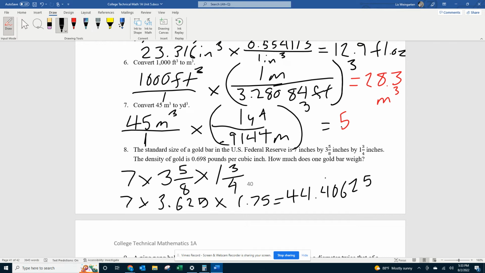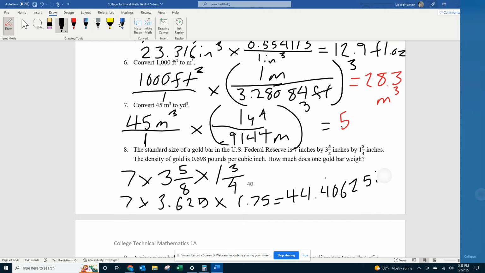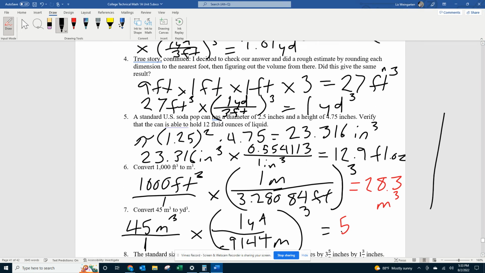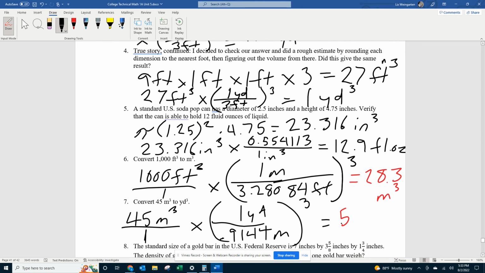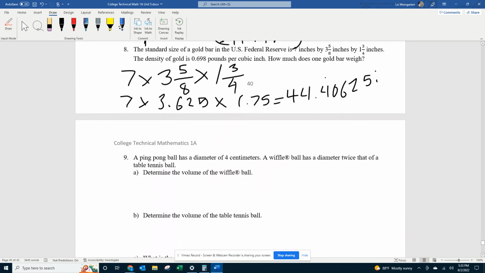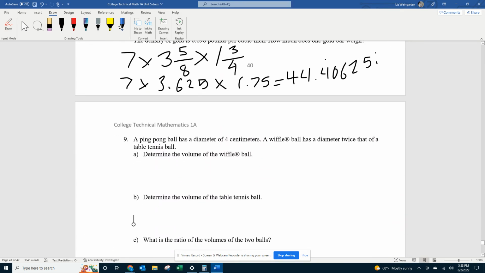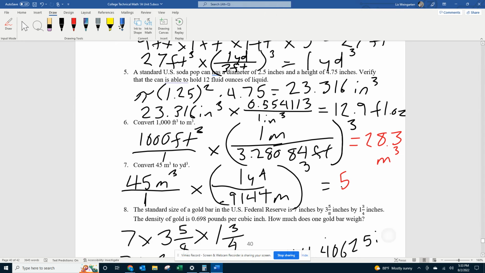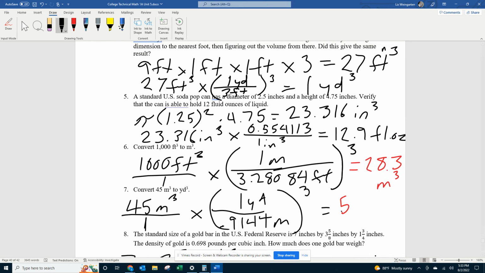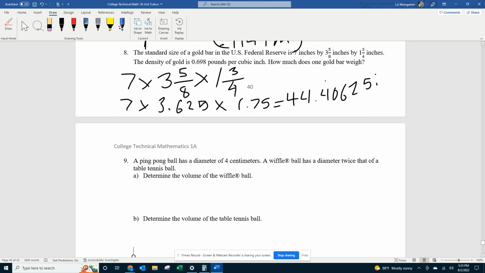Now we have to convert inches cubed into pounds. Oh, sorry, my computer's going crazy again. Typical, right? Inches cubed, and we have to convert that into pounds.